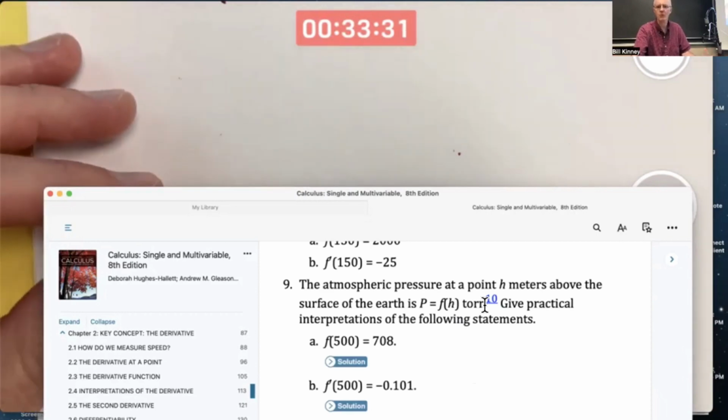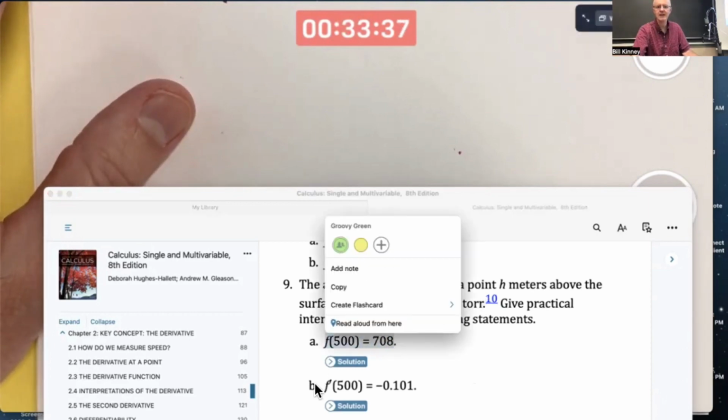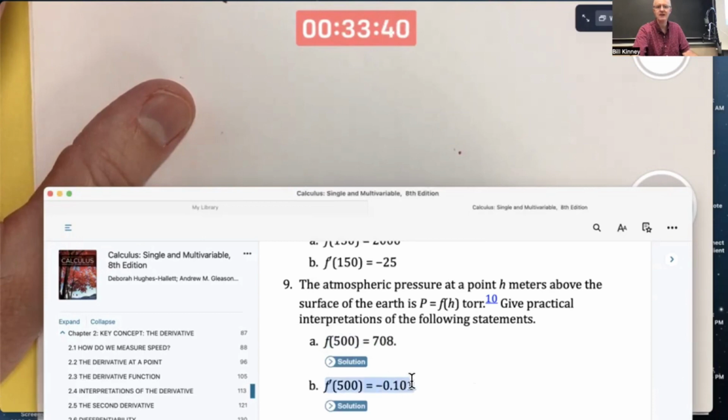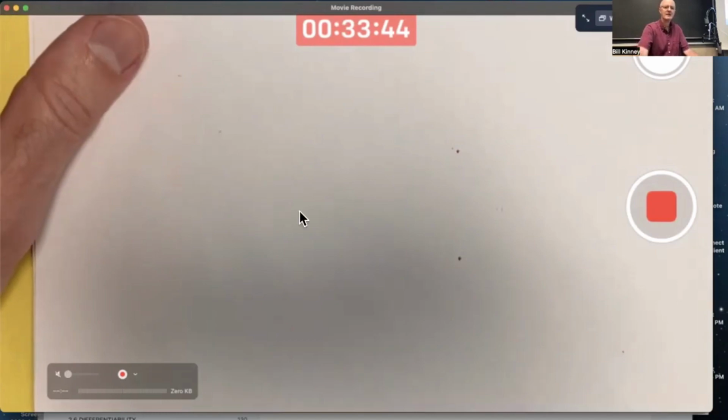I haven't heard of torr before. Give practical interpretations of these statements. F of 500 is 708, and F prime of 500 is negative 0.101. If you didn't know this already, you should know that the atmospheric pressure goes down as you go up.